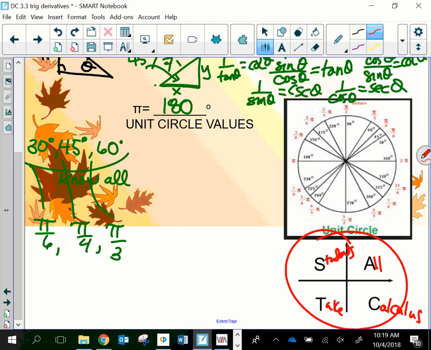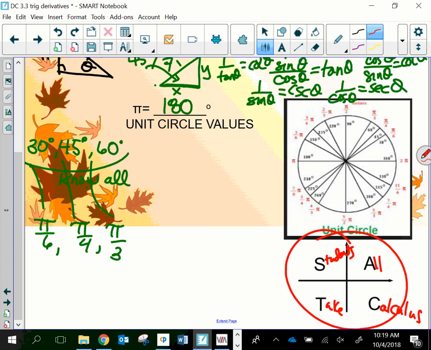Who has never heard of that acronym? Okay. That just means that you did the unit circle a little bit differently than maybe you should have, just because I'm the expert.